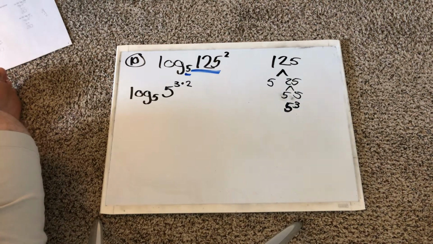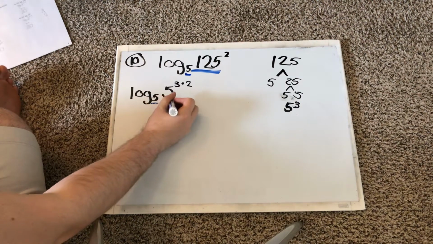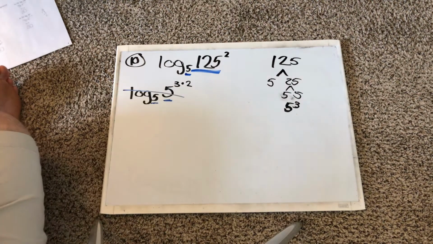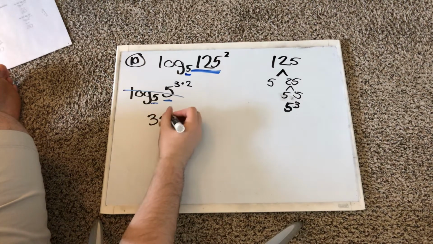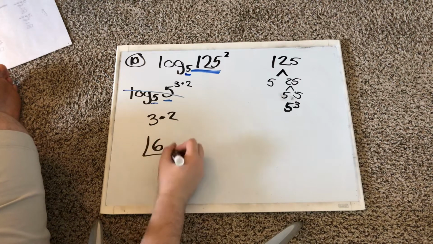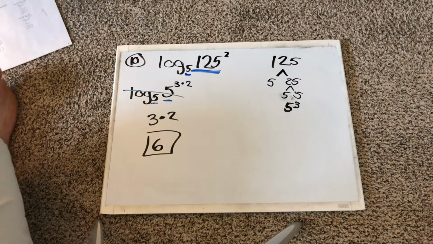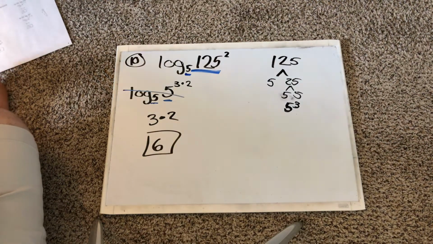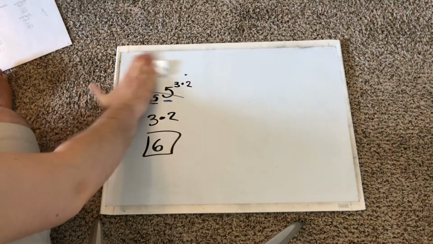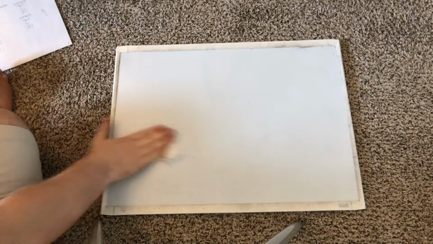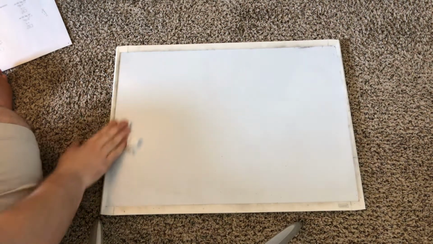So now when we look and see, I have 5 here, 5 here, those can cancel out now. And all I'm left with is 3 times 2, which is just 6. Not too shabby. So when you don't have your number and the base being exactly the same, try to break it down and try to get that exponent.